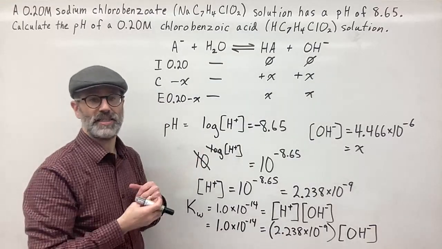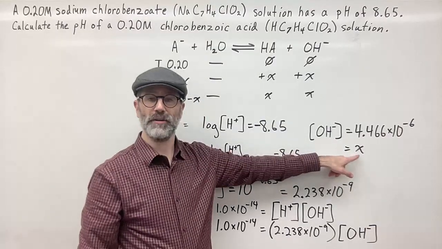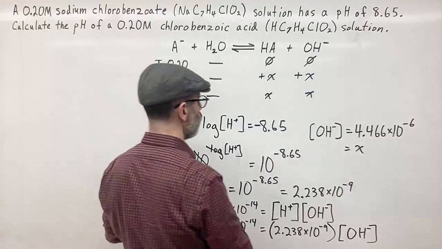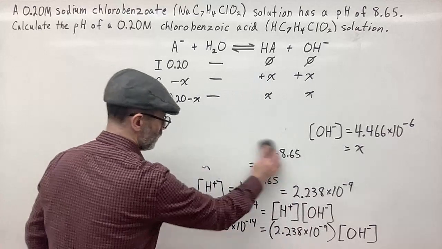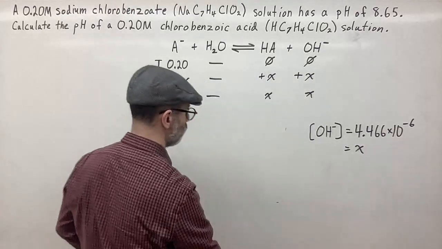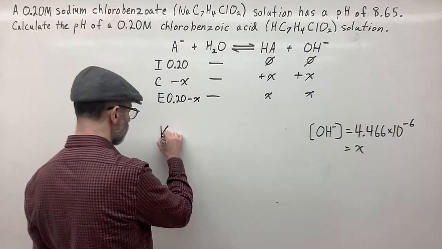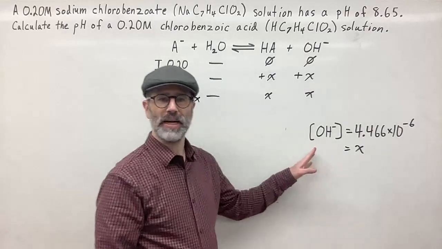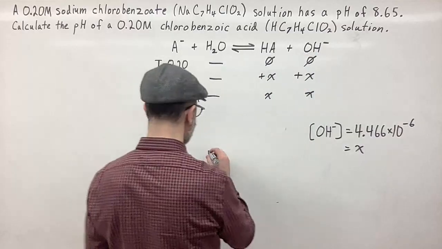But in this case, since we have to find Kb, we have X already here, so we're going to find the Kb instead. Oh, and by the way, I could have found the OH- concentration in other ways too, because they gave me the pH.